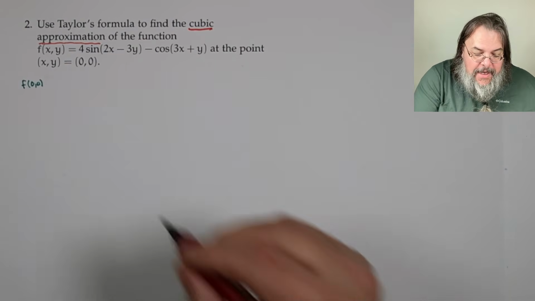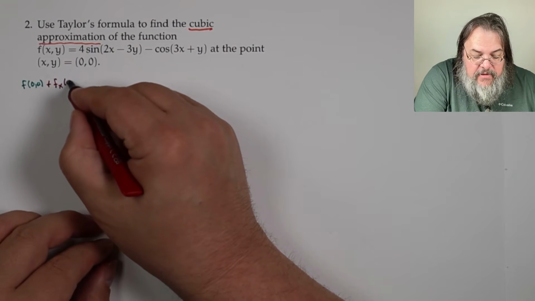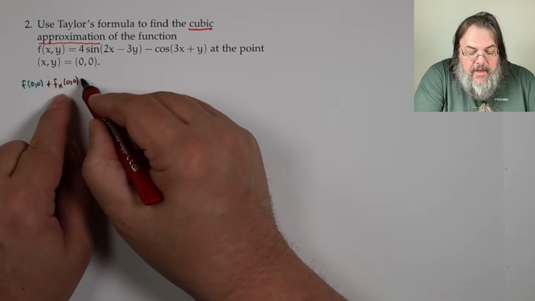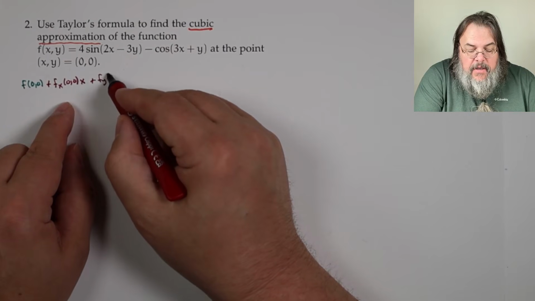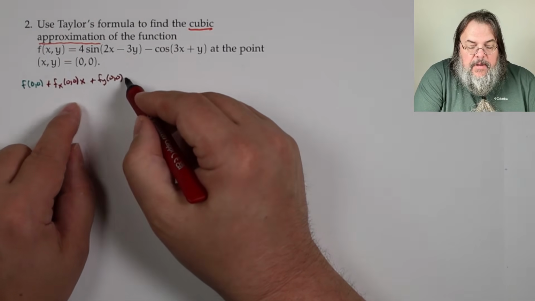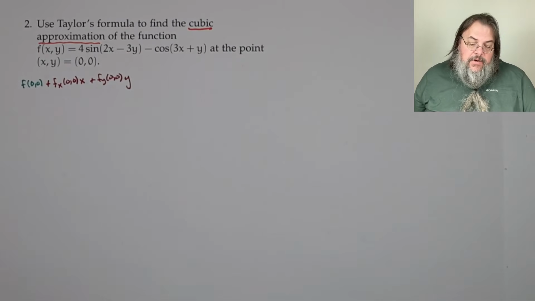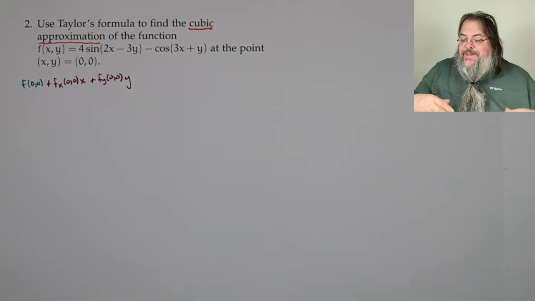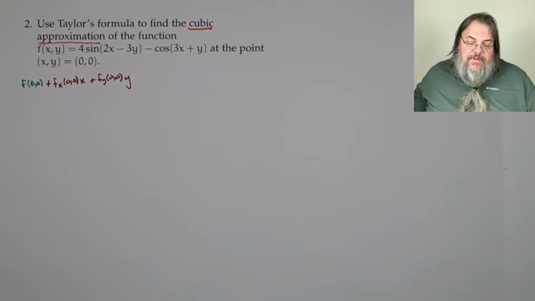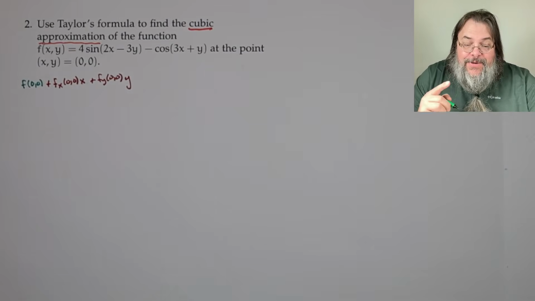We're going to add in the first order terms, f_x at 0, 0 times x, and then we're going to add in f_y at 0, 0 times y. Okay, those are the first order terms. Now, we're taking advantage of the fact that we're at 0, 0, so it's really x minus 0 and y minus 0. But okay, that gets us to degree 1, first degree.